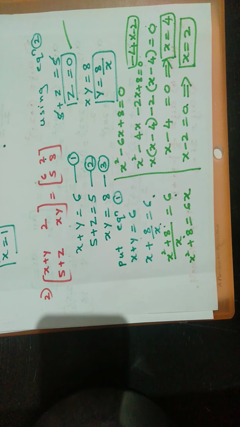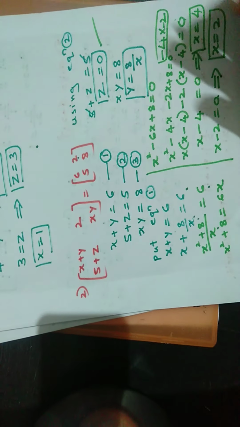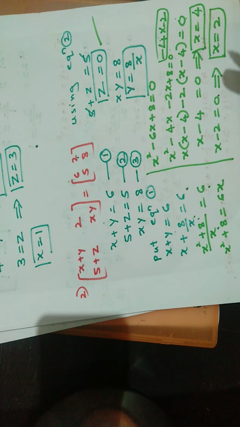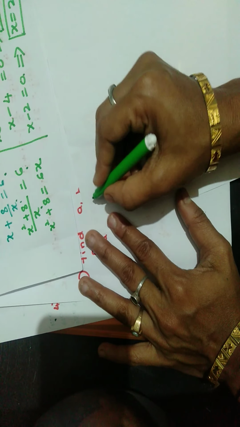By substituting these x values, we find the corresponding y value. Corresponding y value means, we have written the corresponding y value. Listen here. So that is when x is equal to 4.